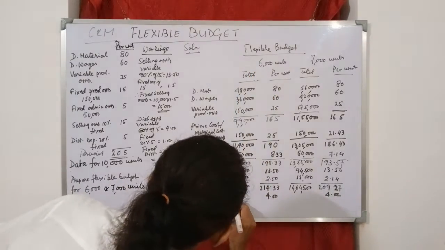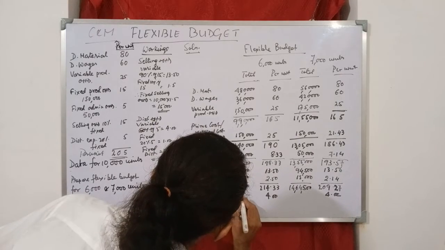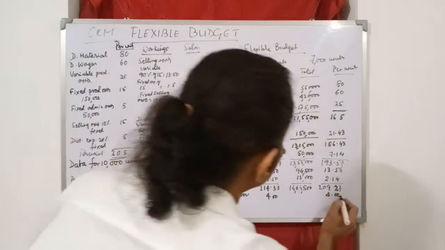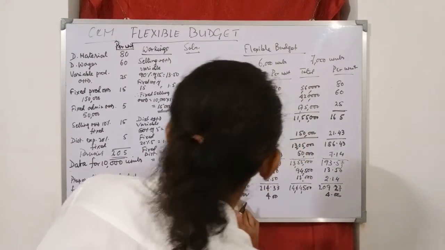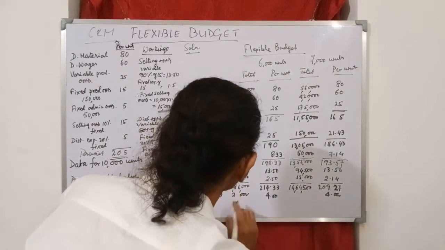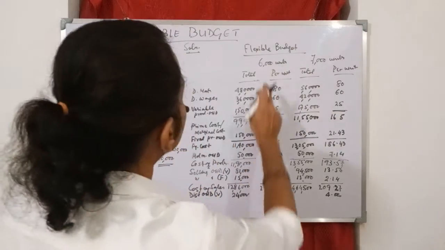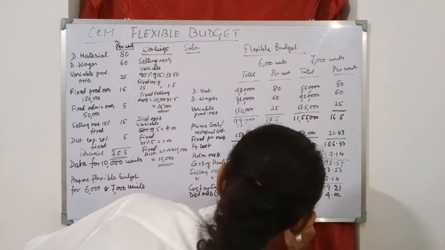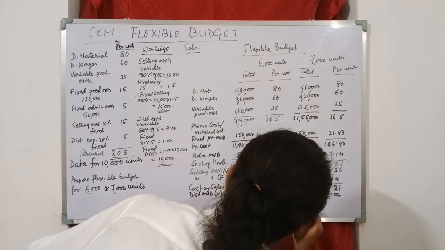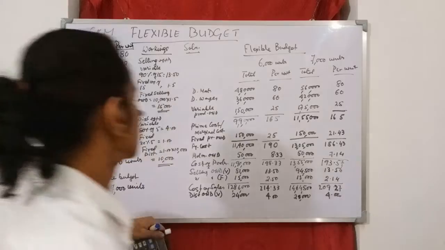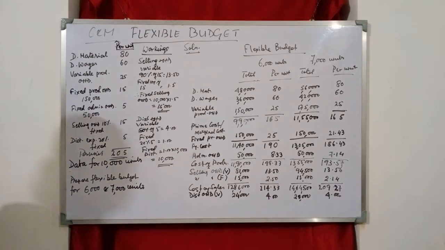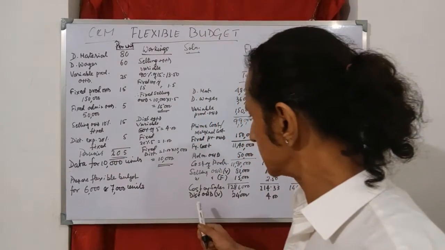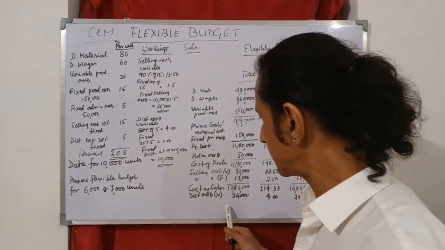So we get 24,000, and here 4 into 7,000, that is 28,000. Correct? So with cost of sales, we have added variable distribution overhead.